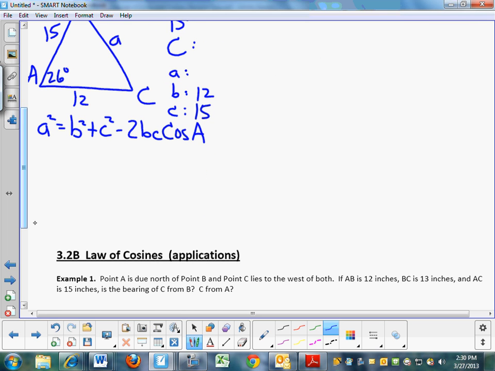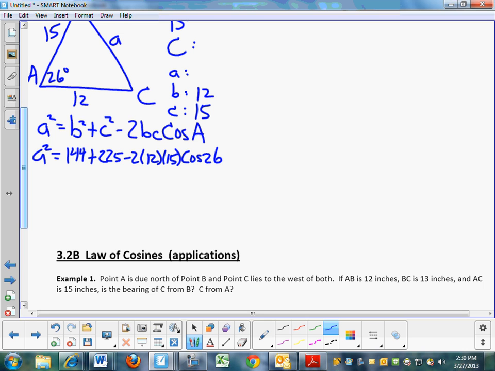What is A squared? We don't know. What's B squared? 144. Plus, what's C squared? 225. Minus 2 times 12 times 15 times the cosine of 26.